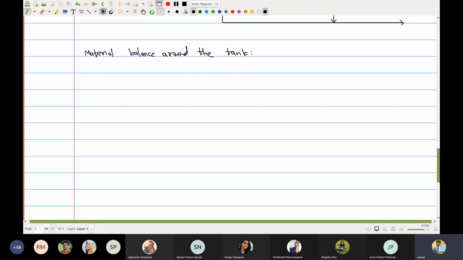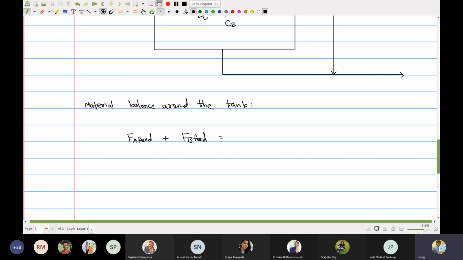So FA feed plus FB feed is coming in, so this is going to be equal to what's going out. We will need to give some notations.